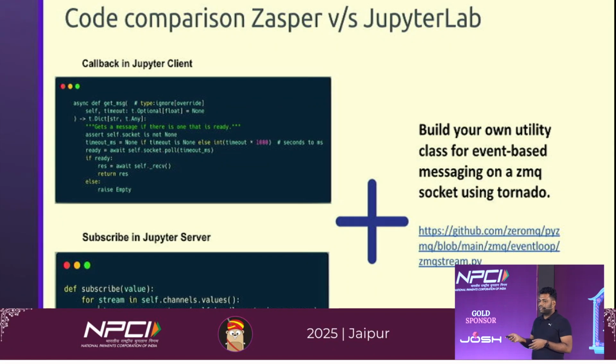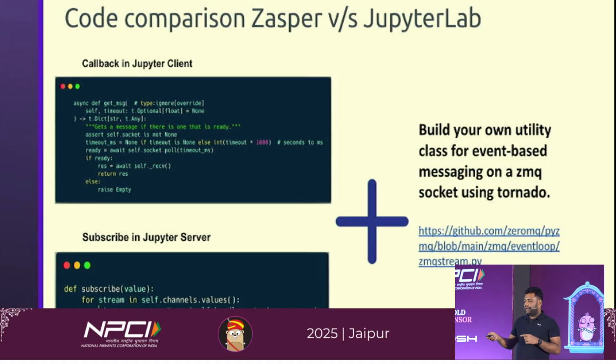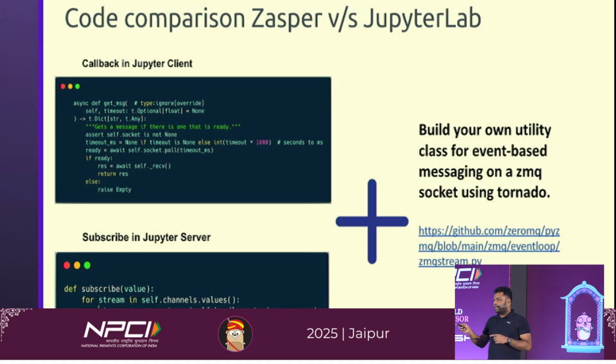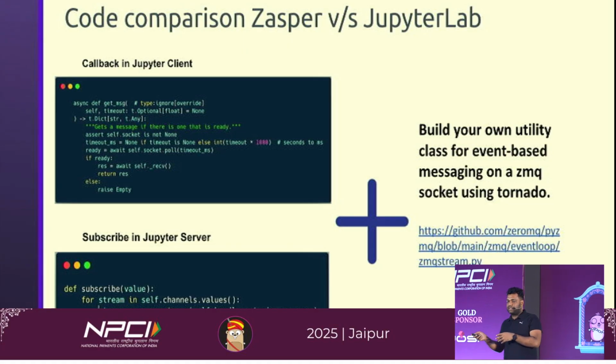So this is the code comparison. If you had to subscribe to a socket, like I said, the IPython kernel, and you have to talk to this socket, you have to write code at multiple places. In Jupyter, we have it in Jupyter Client and Jupyter Server, and then you have to write your own class for achieving this reactor kind of mechanism.